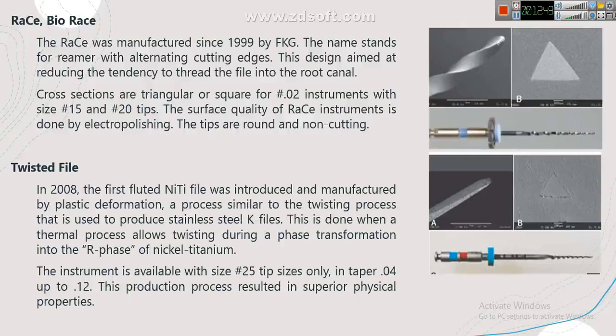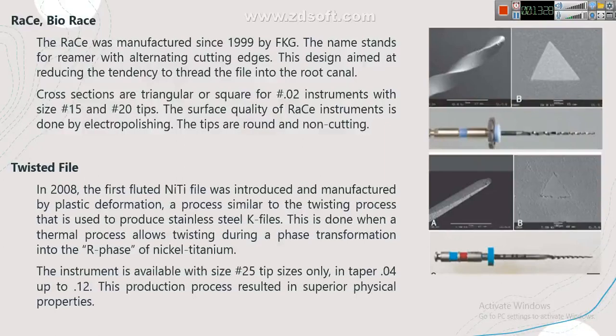It means the stress on the surface of the file is reduced, and cutting efficacy is obtained when the file acts like a reamer, inserting or pushing the file, then rotating in the clockwise direction, which is the most appropriate usage of this kind of file.